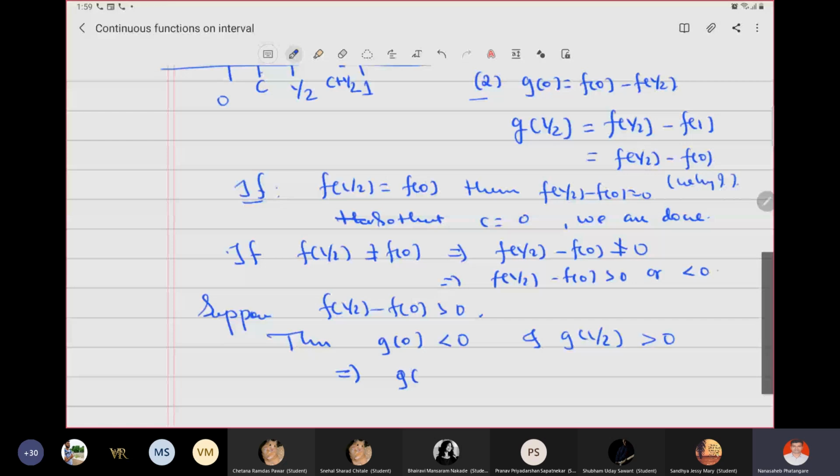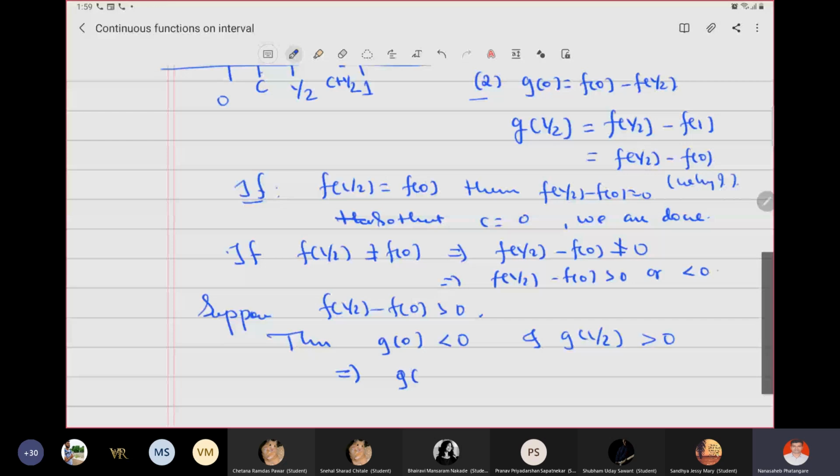So by the location of root theorem, there exists a C between 0 and half such that g of C is equal to 0. But what is g of C? f of C plus half minus f of C is equal to 0.